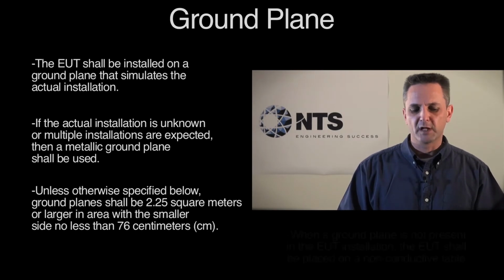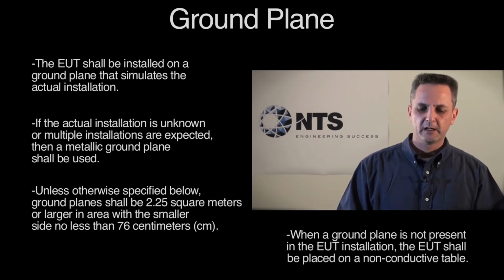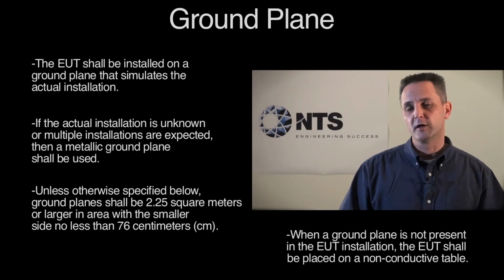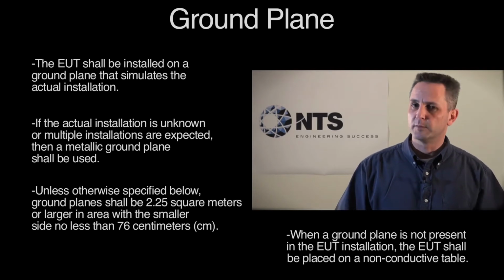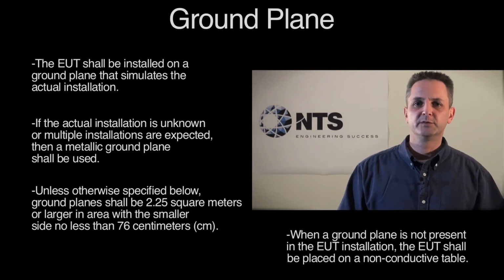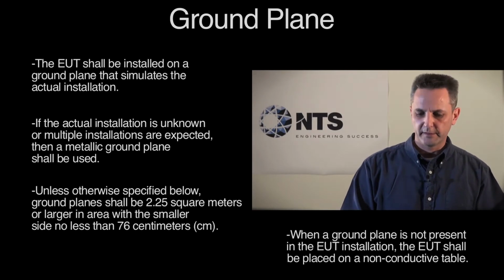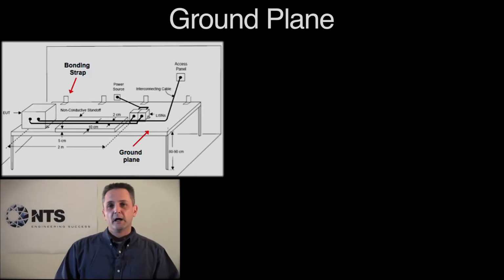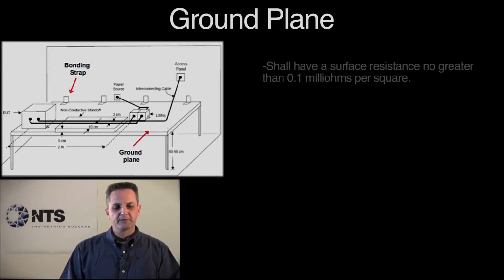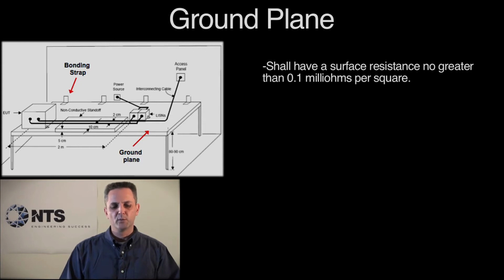When a ground plane is not present in the installation, the EUT should be placed on a non-conductive table. As we mentioned, this is all in an effort to simulate as best as practical the actual installation in its installation environment.